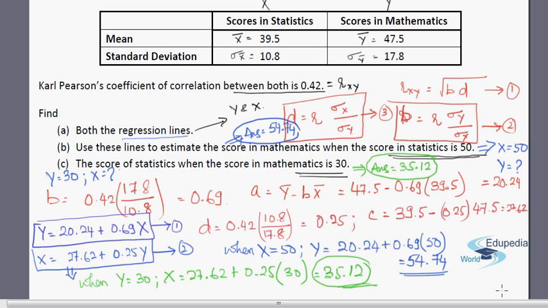Okay, so we see here that in whatever form the data is given, estimation, which is the last part, is done by first finding the regression equations and then suitably selecting the regression equation depending on which value is given and which needs to be found.